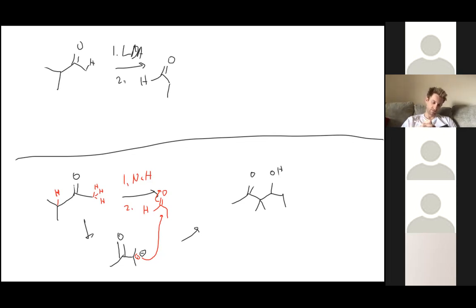So LDA is lithium diisopropylamide. We're now going to selectively deprotonate on the other side because you're using a large base. It'll pull off from the less substituted center.